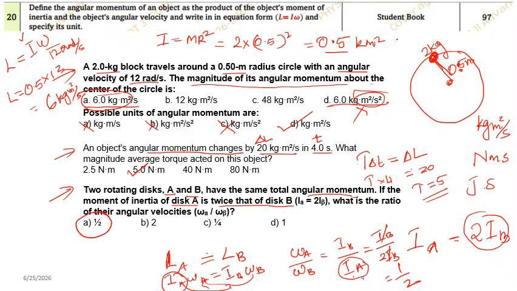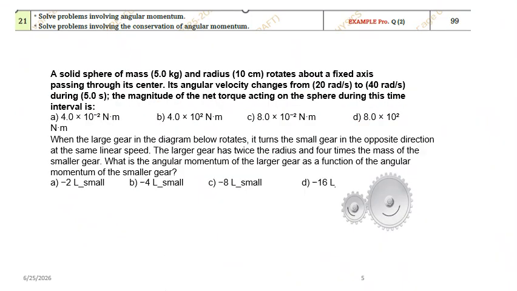Okay. Now, in this question, a solid sphere of mass 5 kg and radius 10 centimeters rotates about its axis passing through the center. Its angular velocity changes from 20 rad per second to 40 rad per second during 5 seconds.